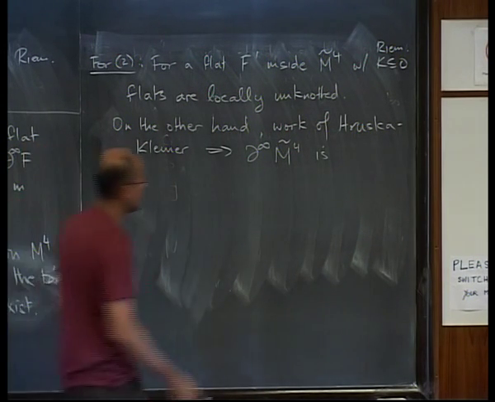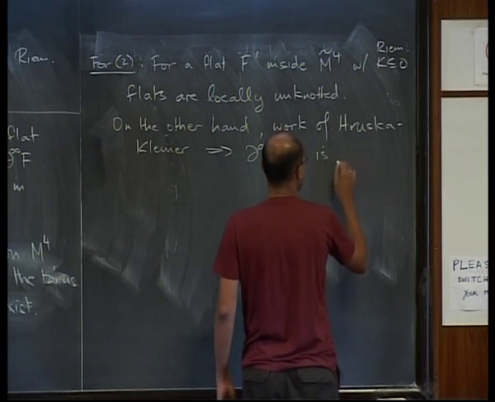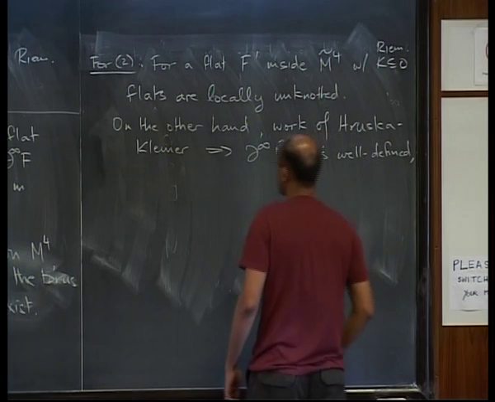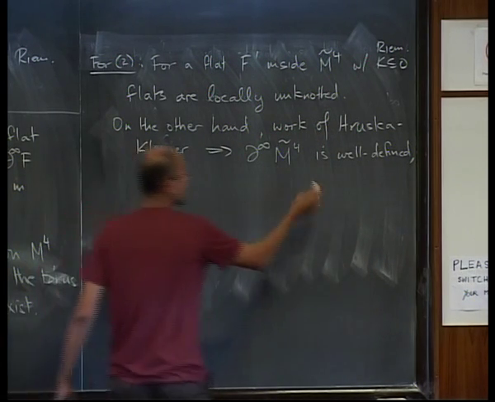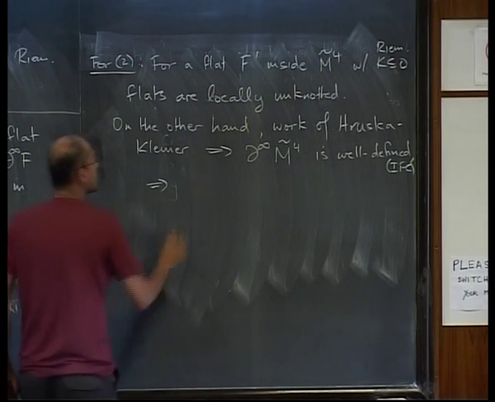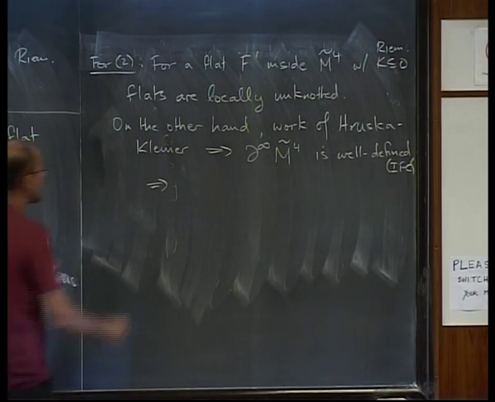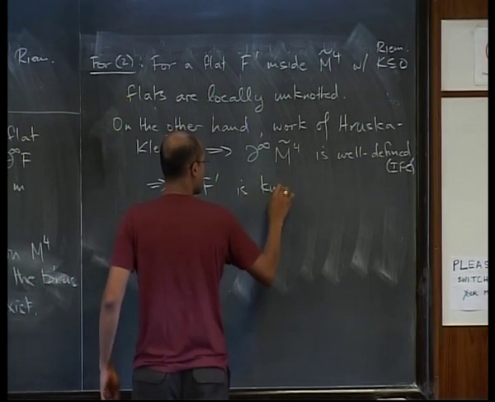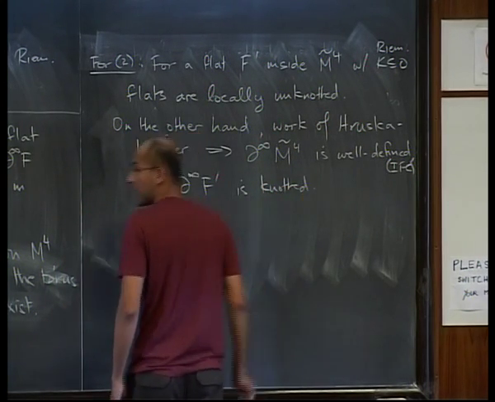So it's well defined. Which in turn, this uses the isolated flats condition, tells you that the boundary at infinity of f prime is knotted. So it's a non-trivial knot.